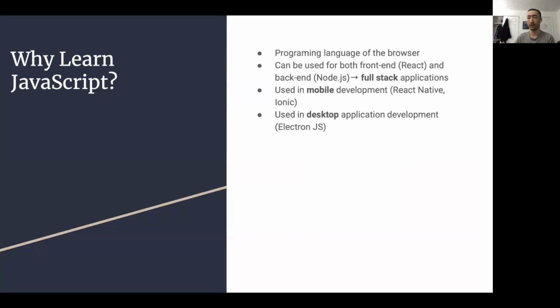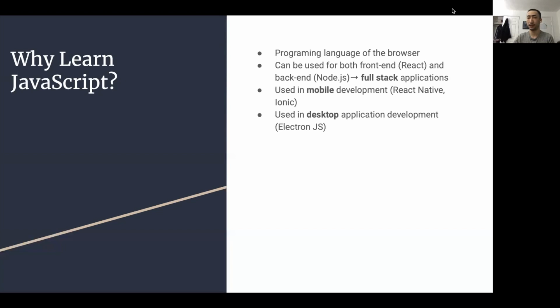JavaScript is also used in building mobile applications, like using React Native and Ionic. And it can also be used to build desktop applications, like using the Electron library. As you can see, JavaScript is really convenient and really useful to learn. With just one language, you can actually build many parts of an application.